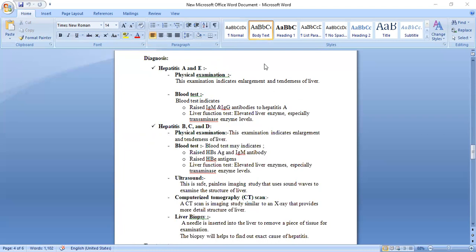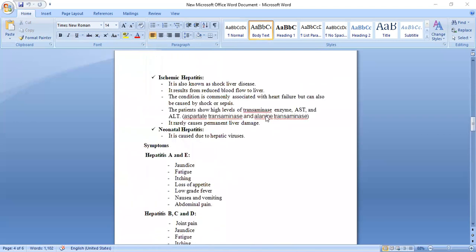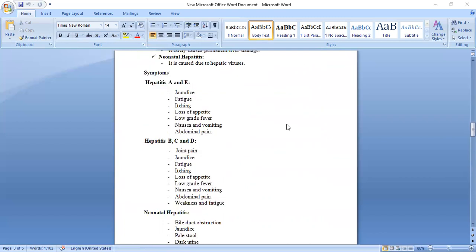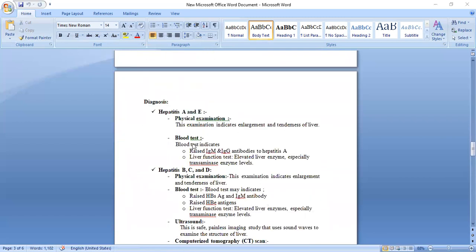Blood test: raised enzymes, transaminases, AST and ALT, aspartate transaminase and alanine transaminase. These enzymes, if they are increased, will come into the blood.